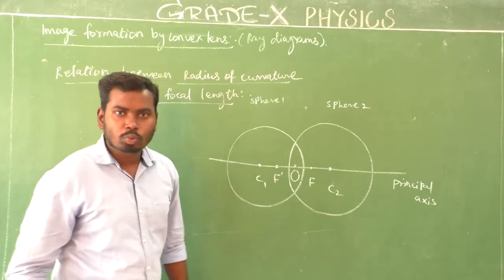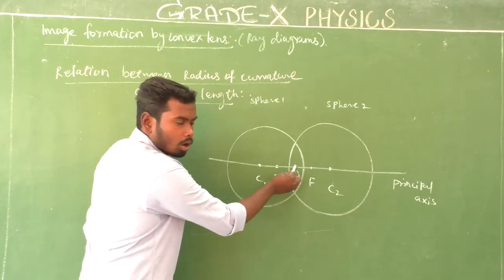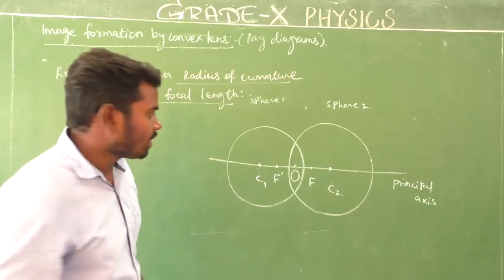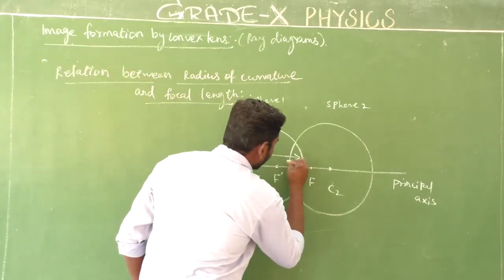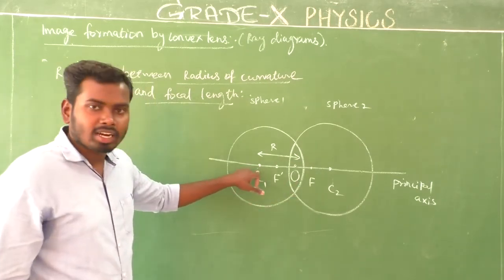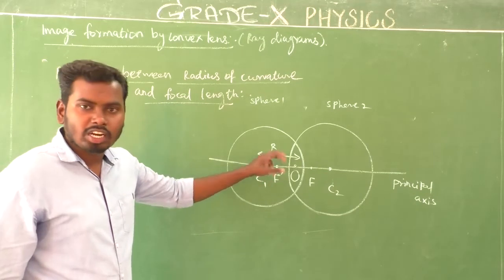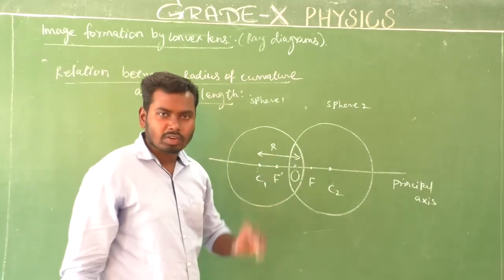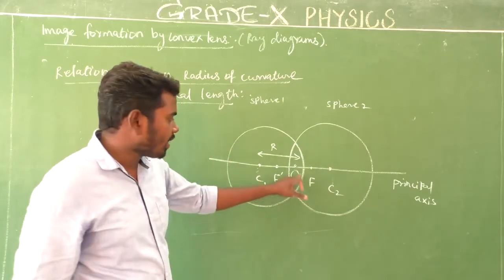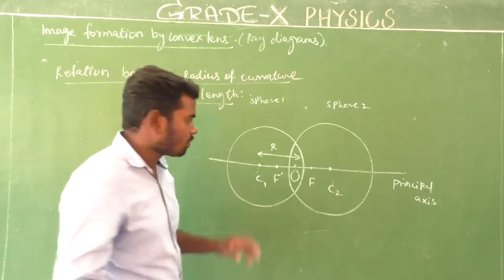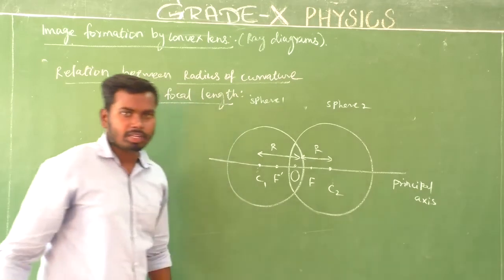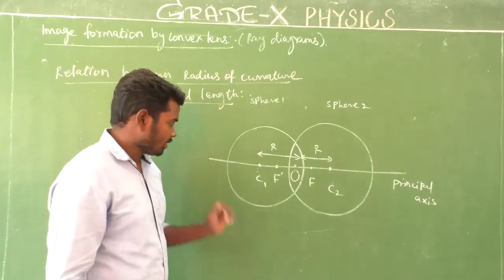The distance between the optical center O and the center of curvature is known as the radius of curvature, denoted by the letter R. Here we have two radii of curvature because two spheres overlap together, which makes the convex lens. Very simple.